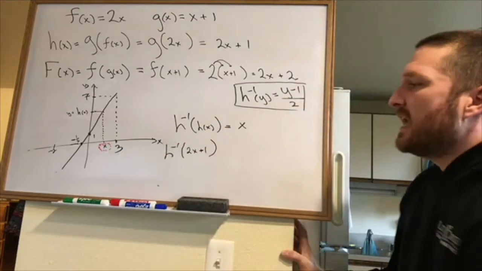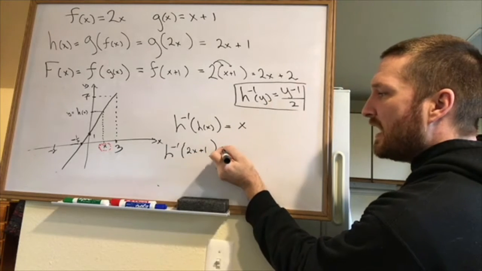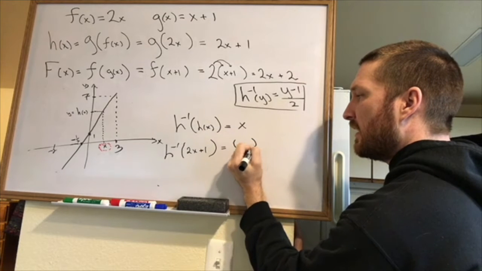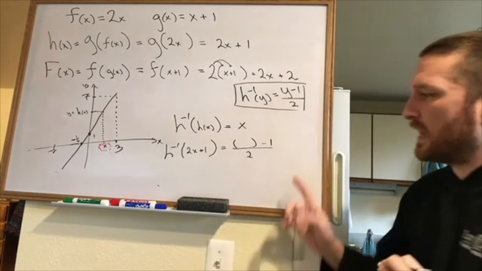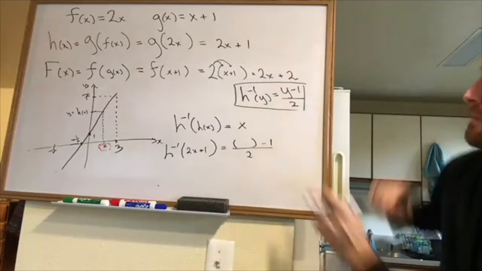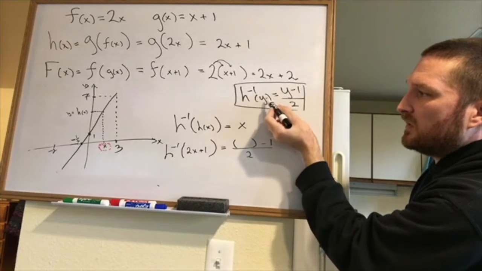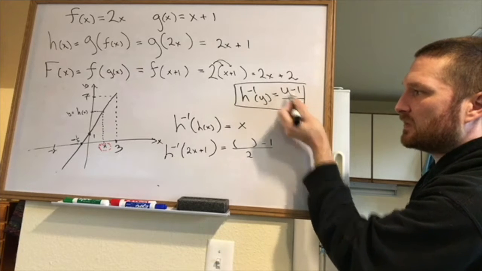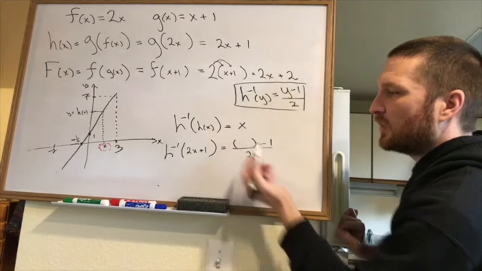H inverse says you take whatever that input is, so I'm just going to write it like this: minus 1 over 2. Because I'm looking at my definition of H inverse, and whatever goes in there needs to go in there. If I put a smiley face in there, a smiley face goes right there. So whatever goes in here has to go in here.